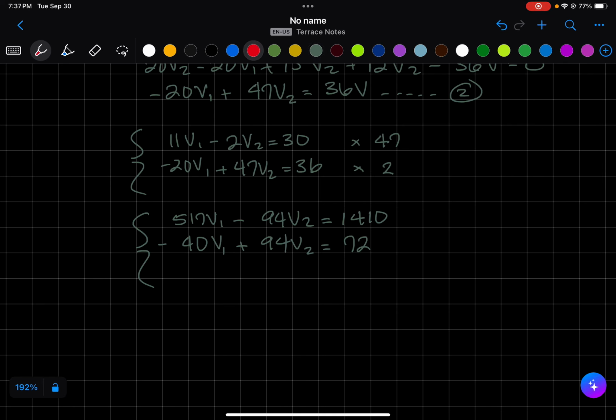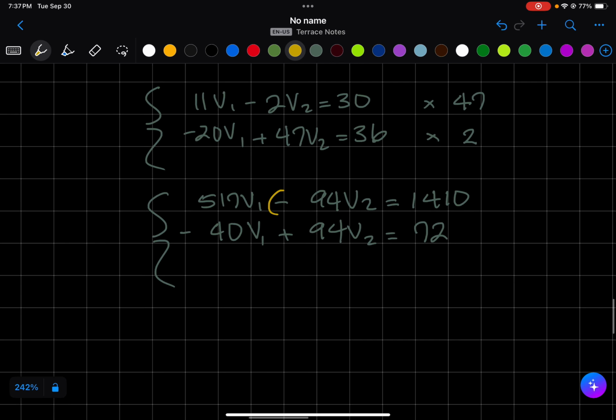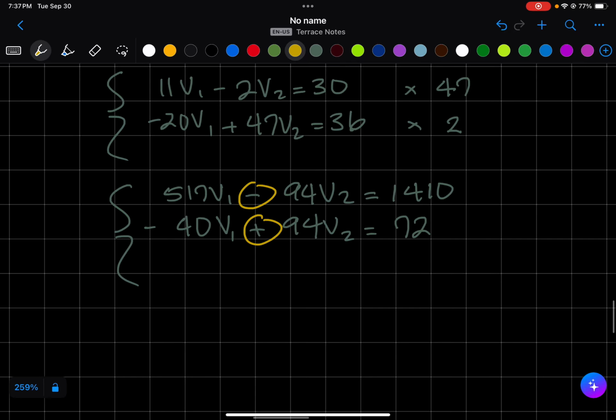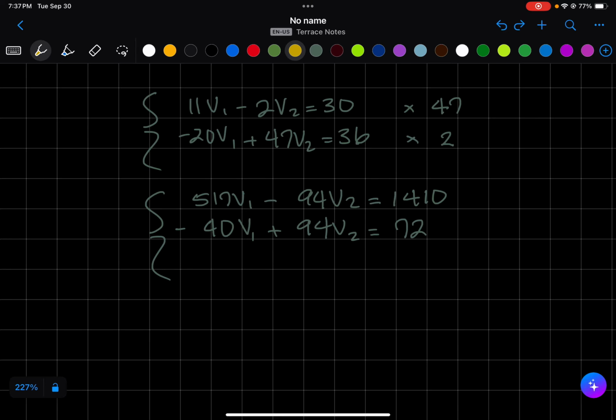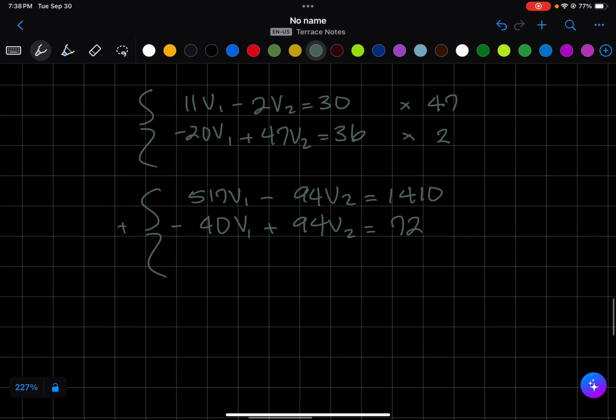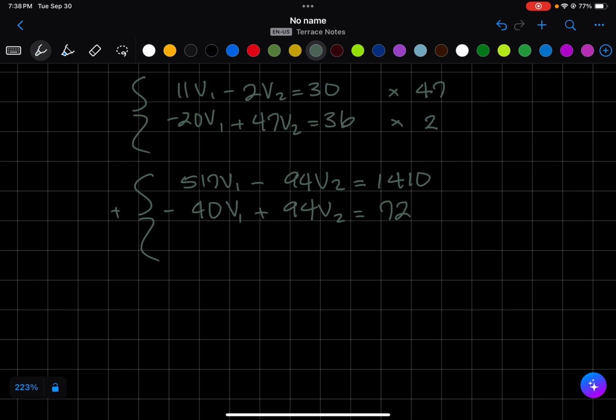Okay, so we can see that these two just cancel out nicely when you add both of these equations together, since they're both plus and minus.